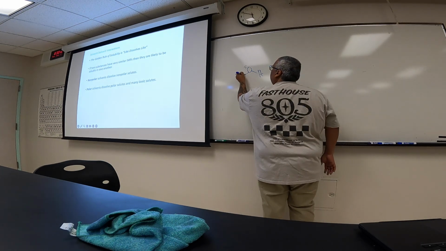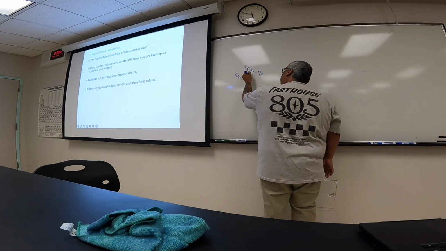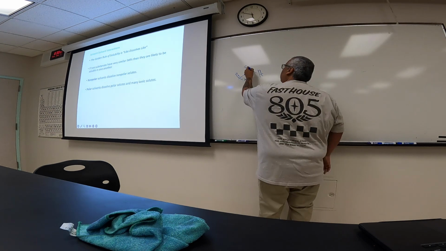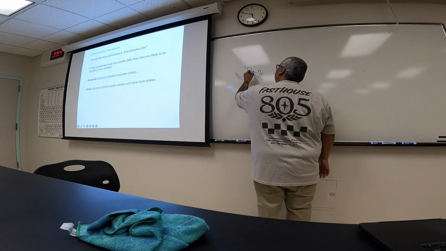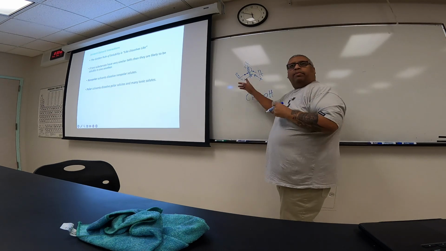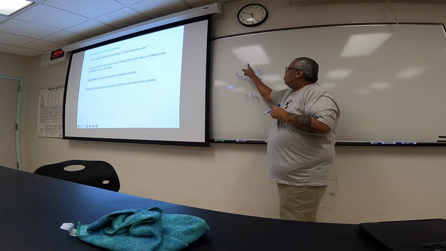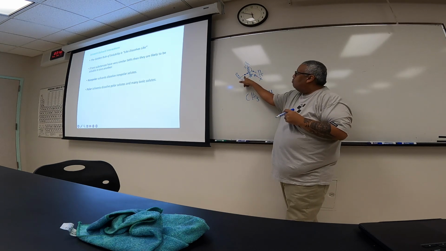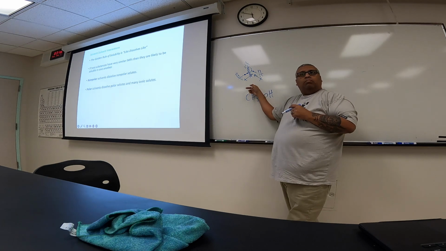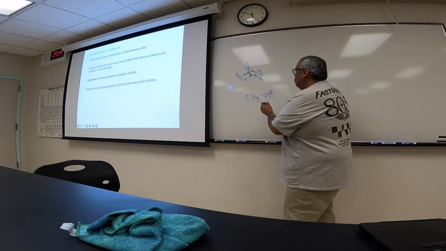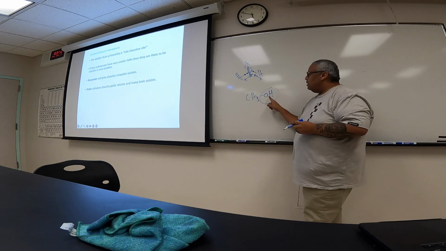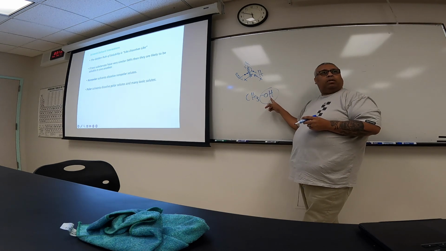These electrons are being pulled towards the oxygen, and we get some net dipole moment that occurs here. Because this bond is polar and this bond is polar, is this a polar molecule? Yeah. Here we have the same thing, oxygen and hydrogen again, so this is also considered to be a polar molecule.